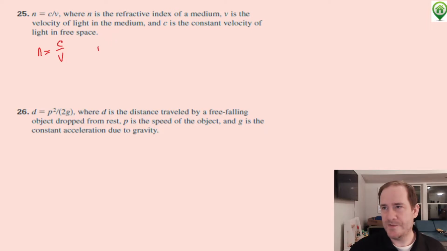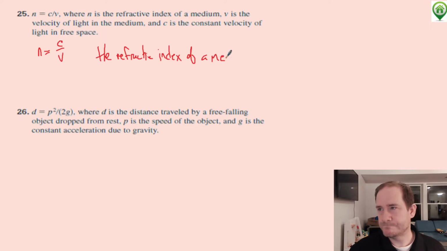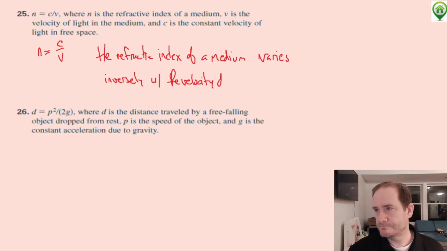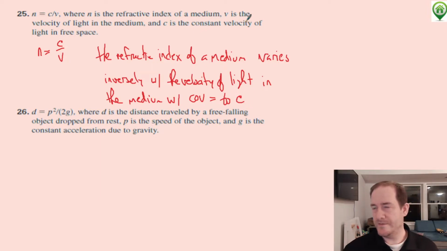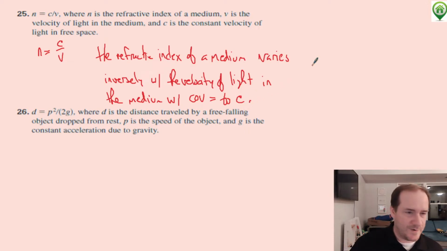So we have to describe it as the refractive index of a medium varies inversely with v, the velocity of light in the medium, with constant of variation equal to c, c being the velocity of light in free space. I don't feel like writing all that out, but technically you should.